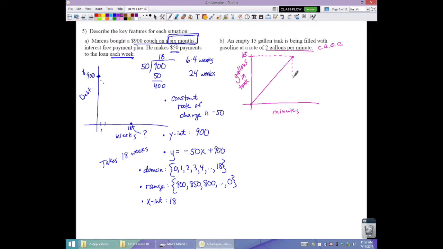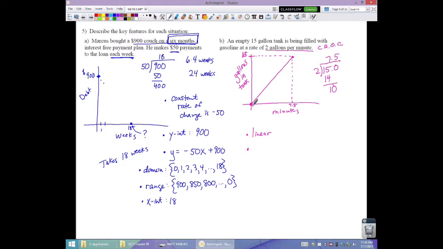Now, how long would that take? When would it reach that? Well, if it's 2 gallons every minute, 15 divided by 2 is 7.5. So this would be 7.5 minutes in, we have the full tank. This is a linear function. It has only one intercept.